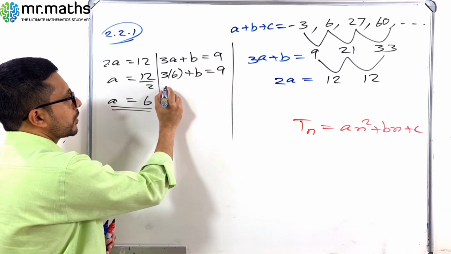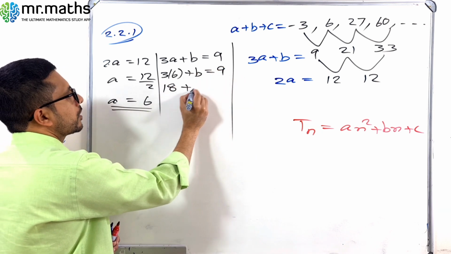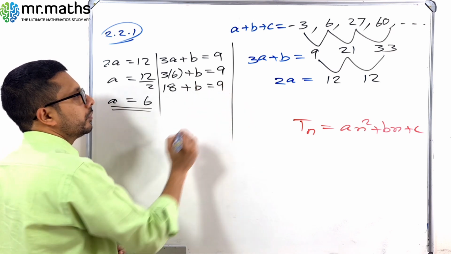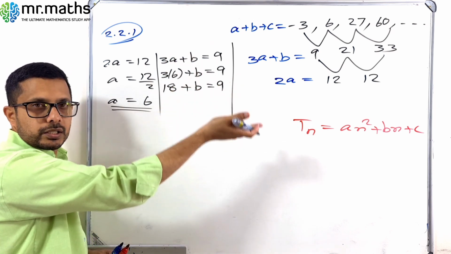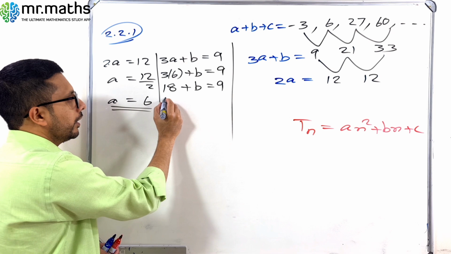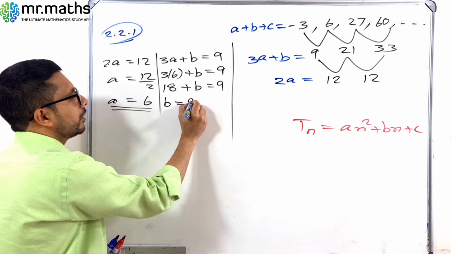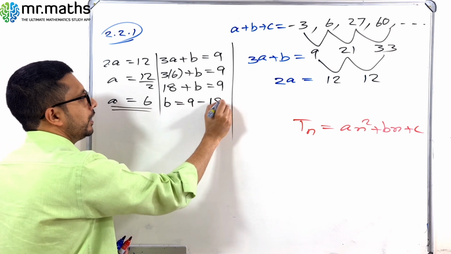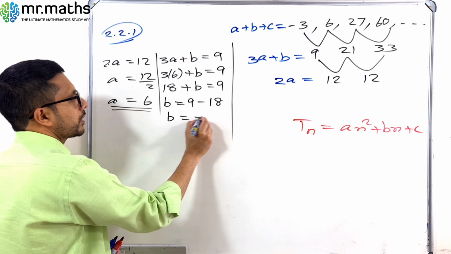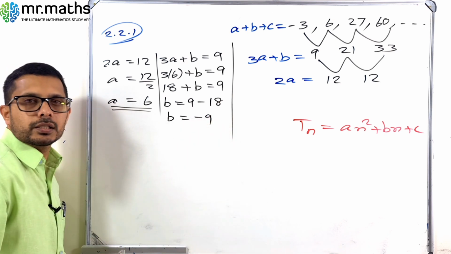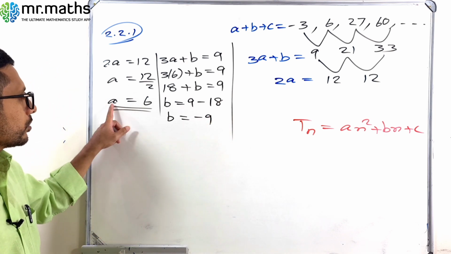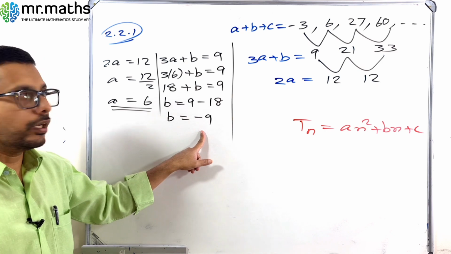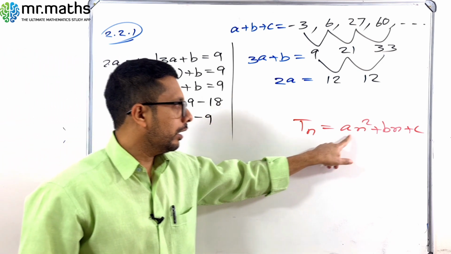What is 3 times 6? 18 plus b is equal to 9. Take this 18 to the other side. Positive 18 on the other side becomes negative 18. So b is equal to 9 minus 18. What is 9 minus 18? Minus 9. So now we got the values of a and b. Now what is outstanding? We got a and b.